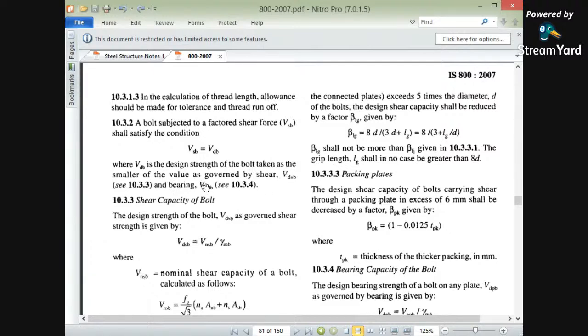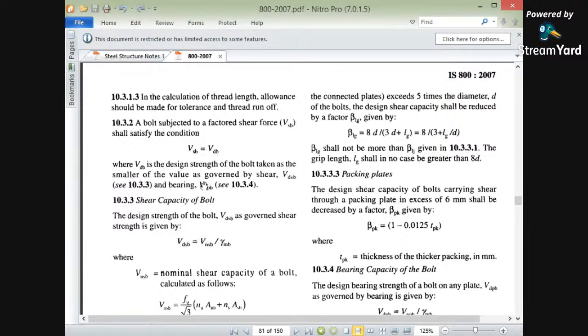That means these two things we have to calculate, shear and bearing, in order to find the design strength of bolt. First we have to find out the VDSB, and then the VDPB. All this is given in IS 800:2007.